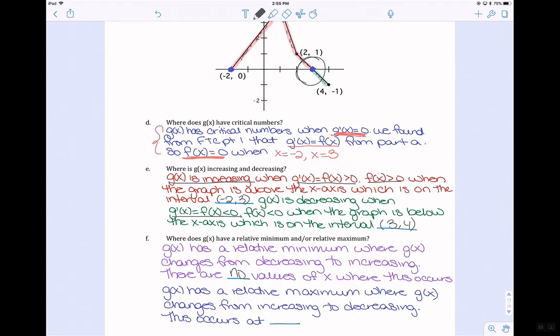So there's no relative minimum. G of x has a relative maximum where g of x changes from increasing to decreasing, which occurs at x equals 3. If I ask you where does g have a relative min and or a relative max, you have to tell me that there's no relative minimum. So you have to state both. Okay?